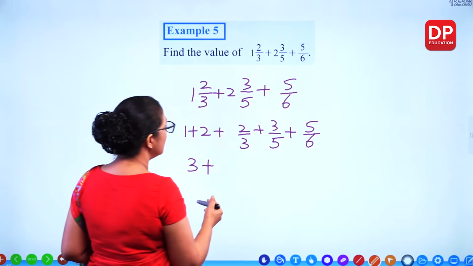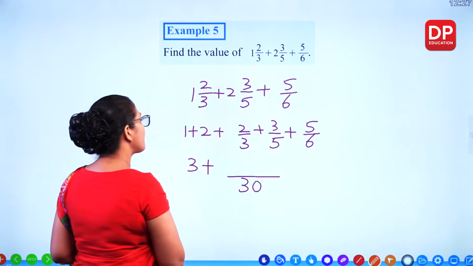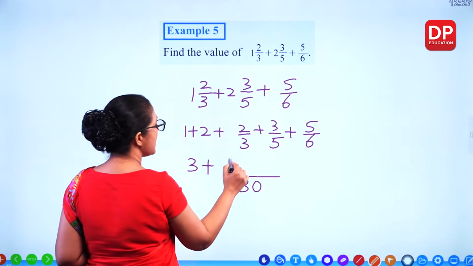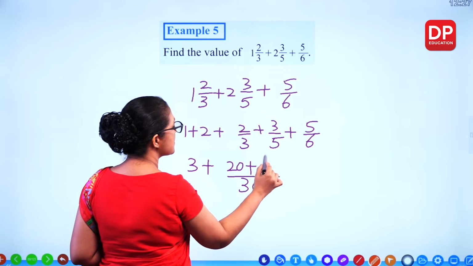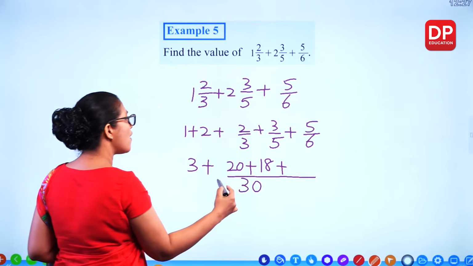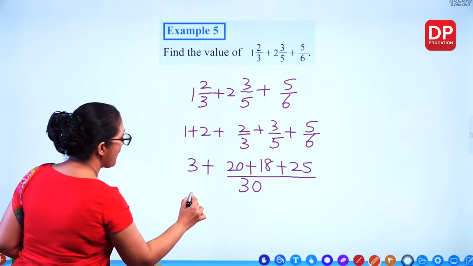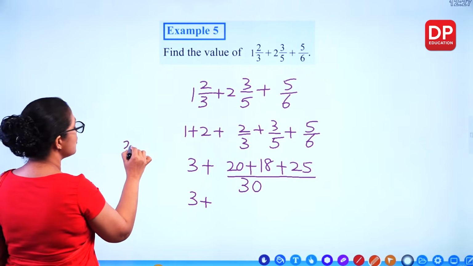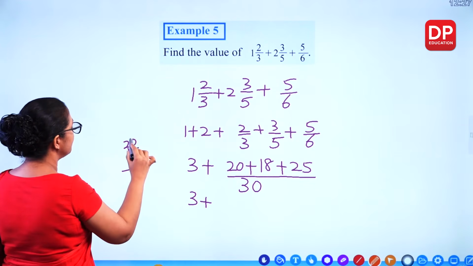That's 30. Convert everything to denominator 30. Multiply this by 10. You get 20. Multiply this by 6. 18. Here multiply this by 5, that's 25. Now 3, and here you get 20, 18 and 25.